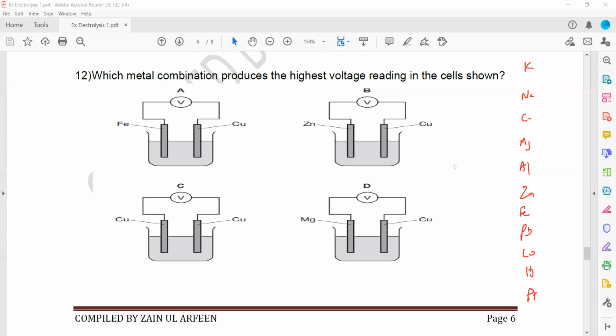So for iron and copper, zinc and copper, they do not produce the highest, and magnesium and copper will have the greatest difference. That's why D will be the right answer.